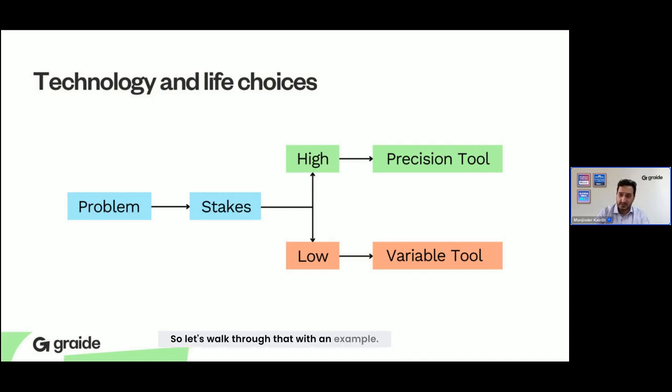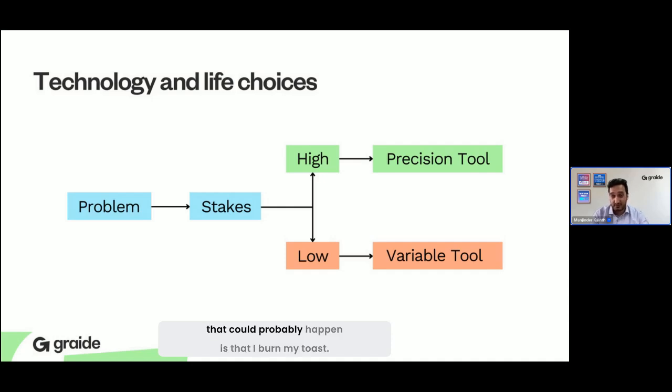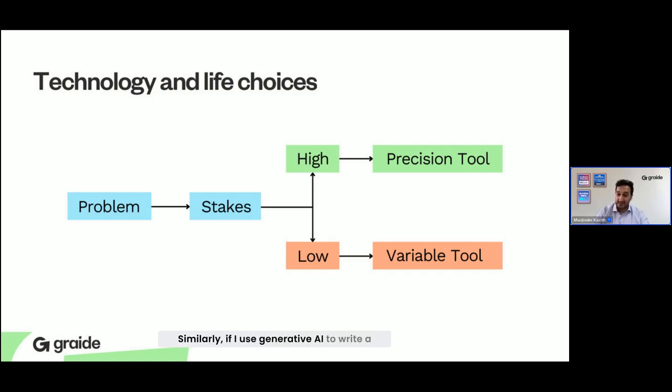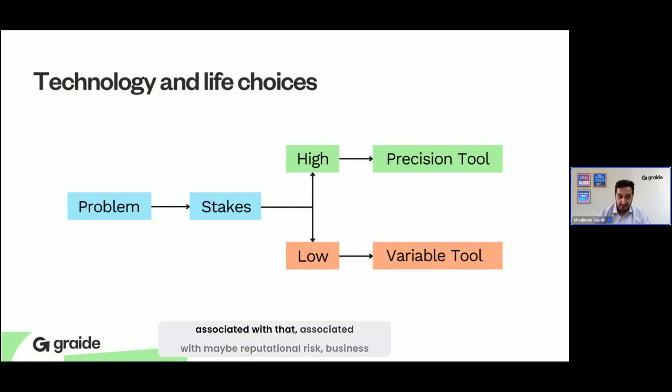So let's walk through that with an example. Say I'm making toast. If I use an AI-powered toaster, the worst thing that could probably happen is that I burn my toast. It's irritating, but it's not the end of the world. And I can throw away that bread and start again. Similarly, if I use generative AI to write a social post or an email, there is some risk associated with that, maybe reputational risk, business risk, but that can be relatively well contained.